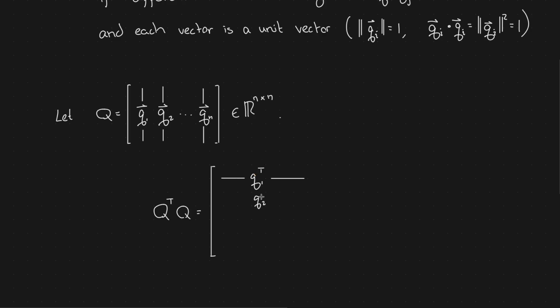And column 2 of Q becomes row 2 of Q transpose, and so on. And then this is matrix Q.